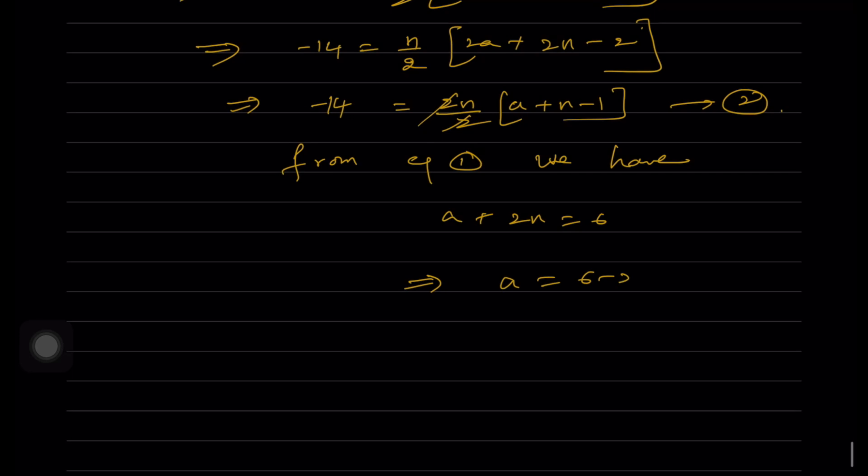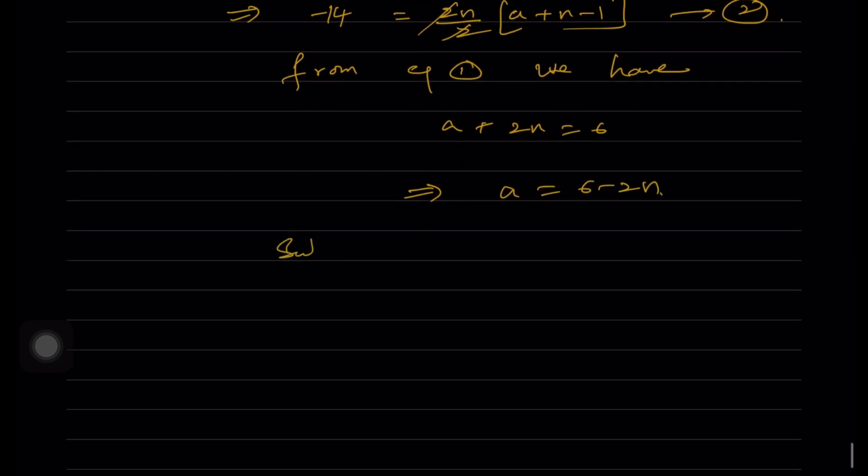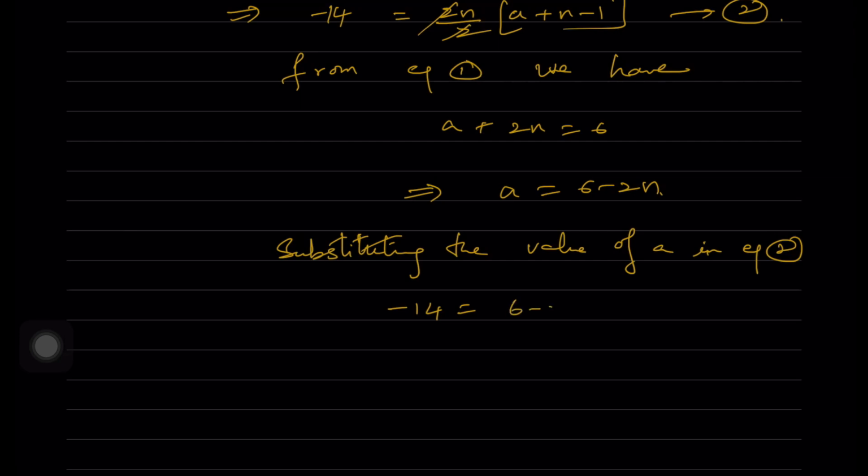So here if you are taking this into the equation 2, what will we get? So substituting the value of a in equation 2, we are getting minus 14 is equal to n into 6 minus 2n plus n minus 1.